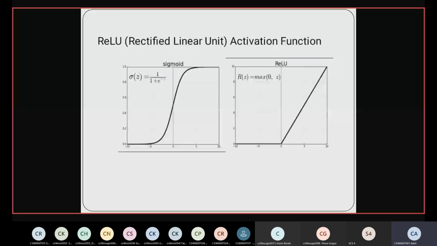The rectified linear unit is the most used activation function in the world right now, since it is used in almost all CNN and deep learning. Here you can see that the rectified linear unit is half rectified from the bottom. f(z) is 0 when z is less than 0, and the range will be 0 to infinity.